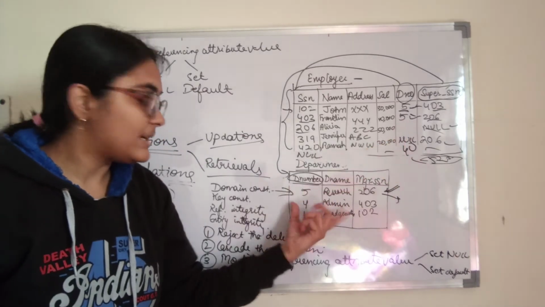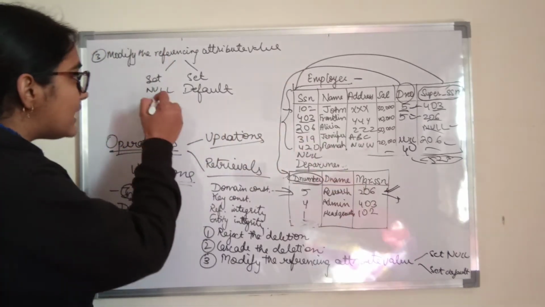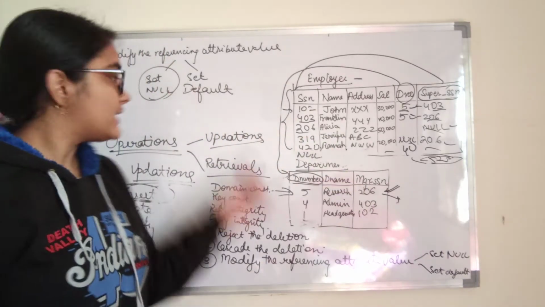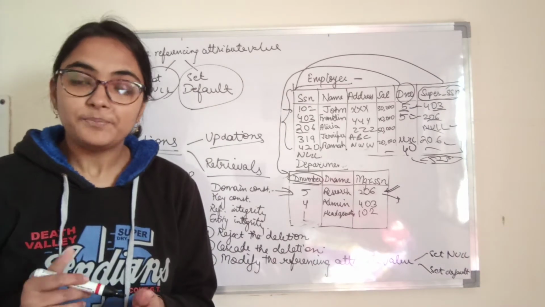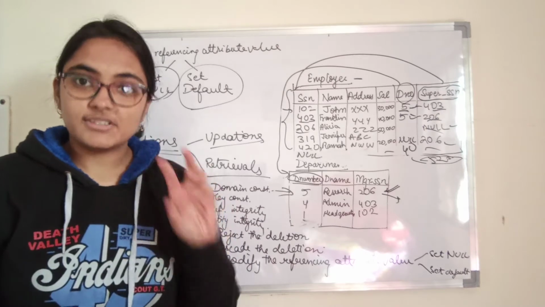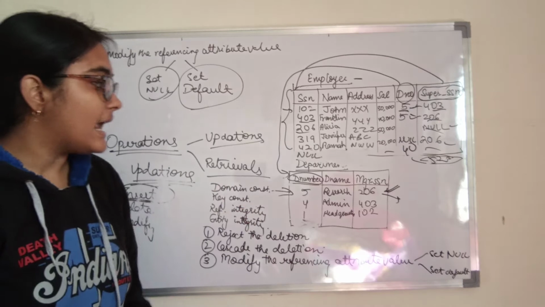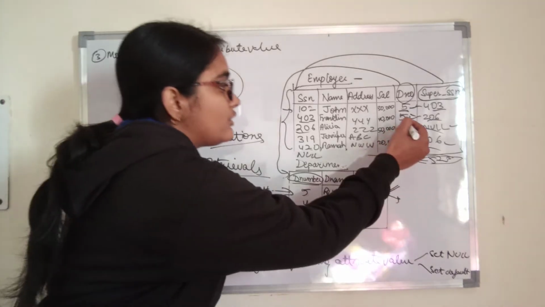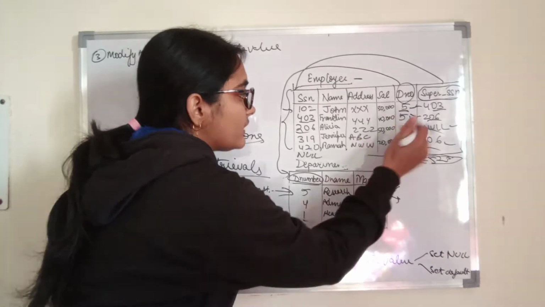You do not keep it as 4 because it is being deleted. You set it either to null or to some default value. The default value can be specified when we define the relational schema. Let us say that the default value is 1. So you set this to 1 or you set this to null.